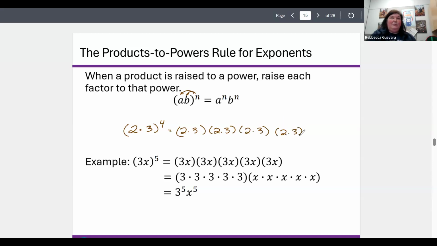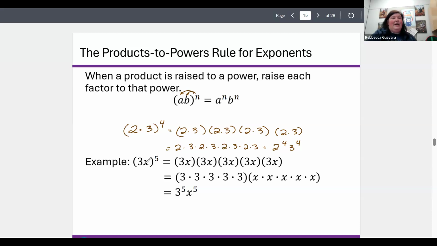So I have that 4 times. So that's 2 times 3 times 2 times 3 times 2 times 3 times 2 times 3. So we have 2 4 times, and we have 3 4 times. So I could just distribute the power.